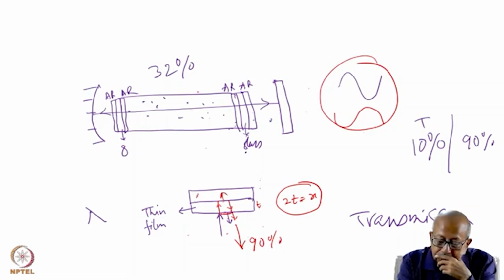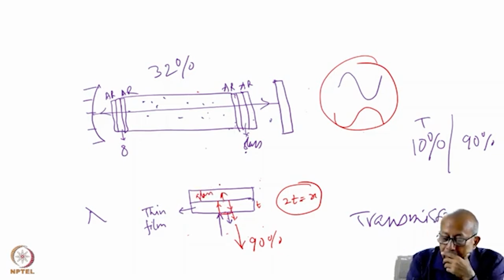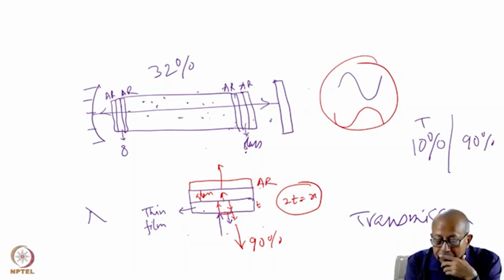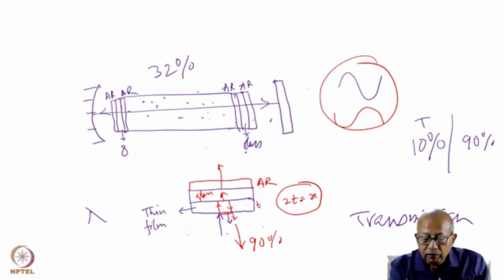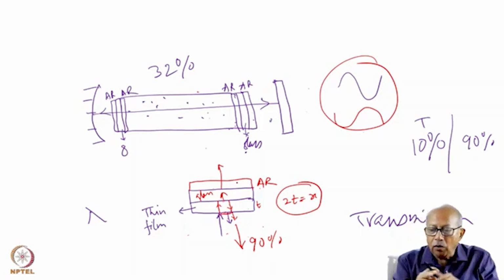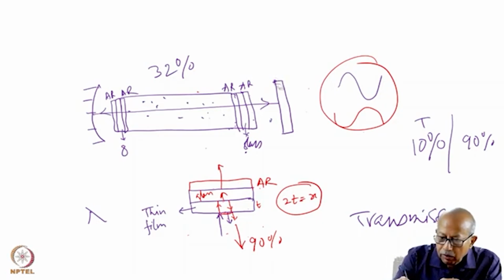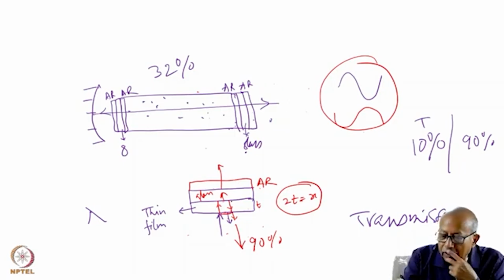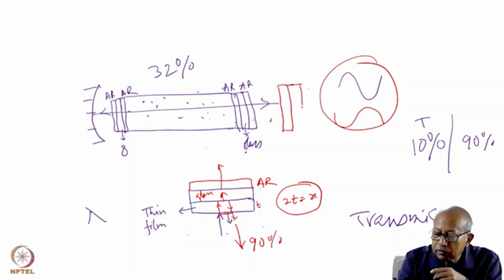Yeah, this is your glass. And you want that entire 10% should get out. So you now put an anti-reflection coating. So here it is that partially reflective coating, which will give you 90% reflectivity, and here it is anti-reflection coating. So how will you use it? You will put this side, that is the partially reflecting side, then glass, and then the anti-reflection.